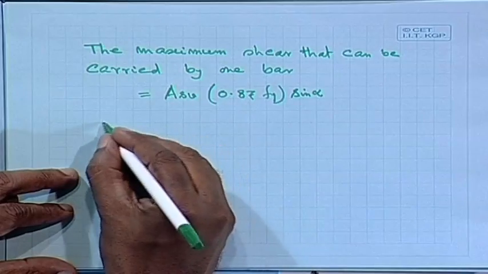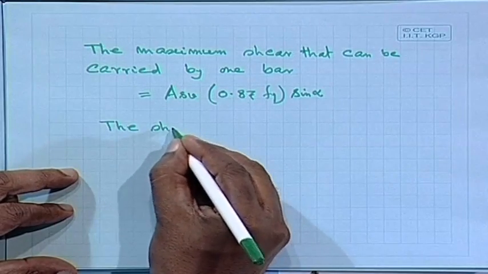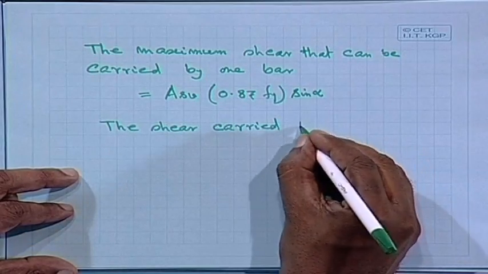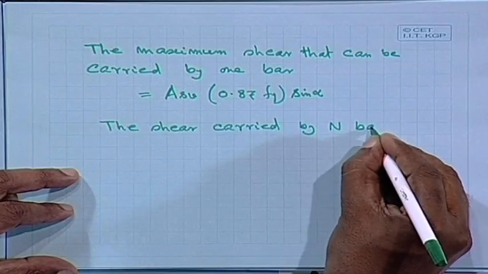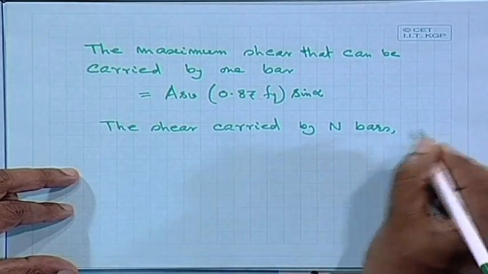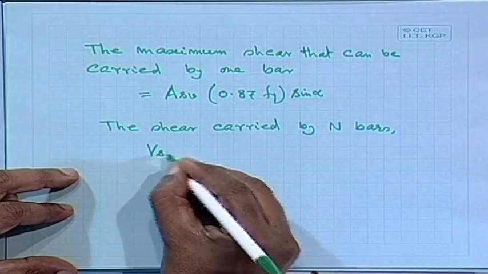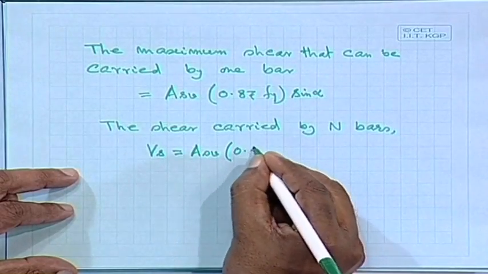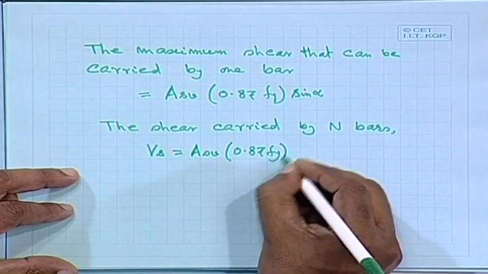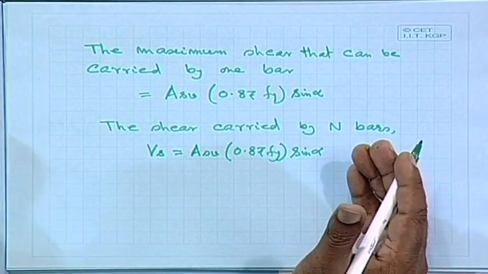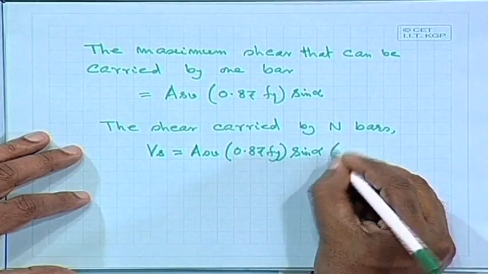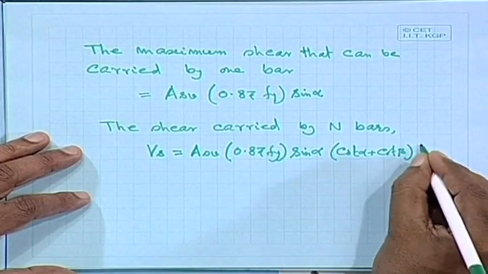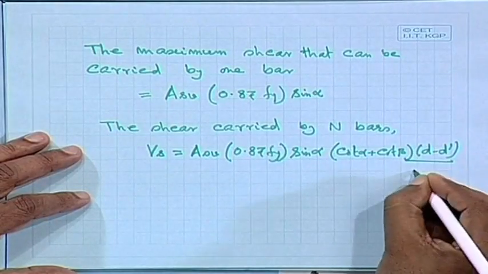So, the shear carried by n bars, say Vs, equal to ASV times 0.87 Fy times sin alpha for one inclined stirrup, times cot alpha plus cot beta, because already we have provided within this region d minus d dash divided by SV.